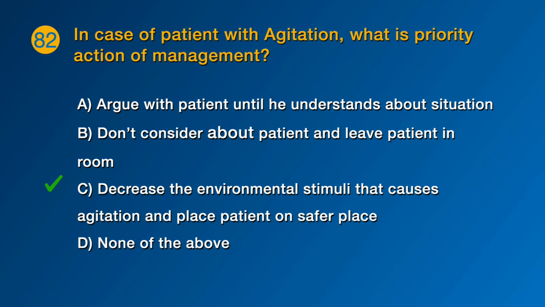Agitation is defined as a state of excessive psychomotor activity accompanied by increased tension and irritability. Patient is showing anger and becomes hypertensive. Therefore, the nurse decreases the environmental stimuli that causes agitation and place patient on safer place to prevent from harm and injury.